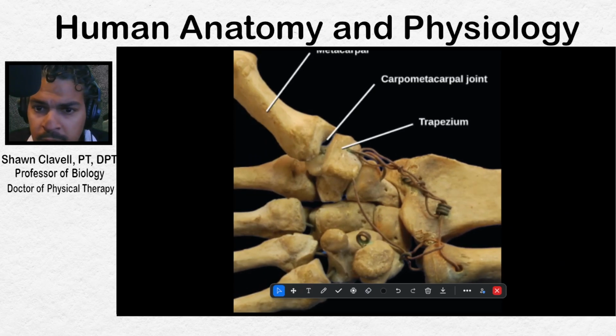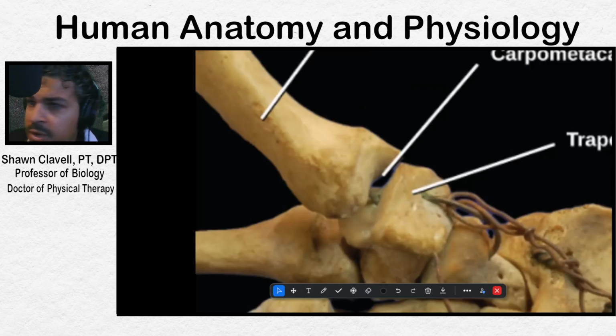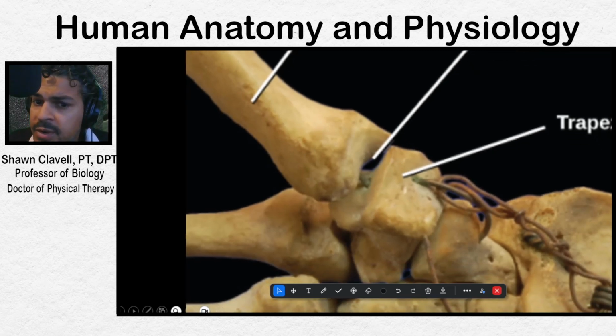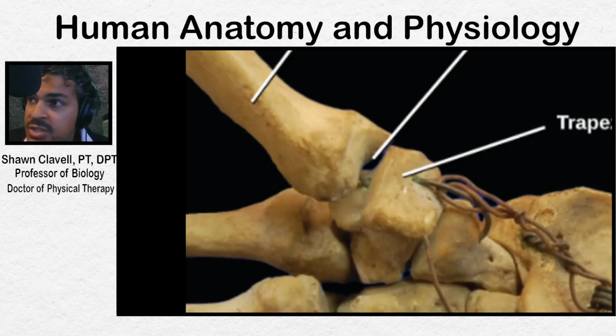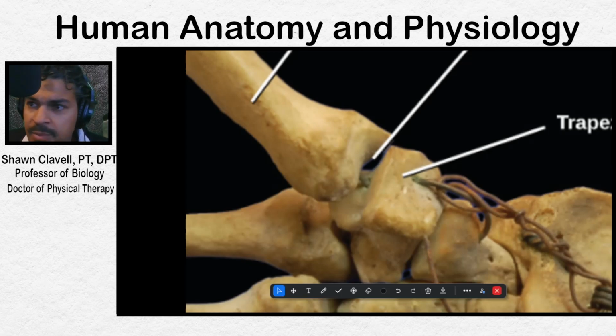And so what you can see again is this very convex concave shape here, but primarily it might be easier to just identify it as a saddle joint.